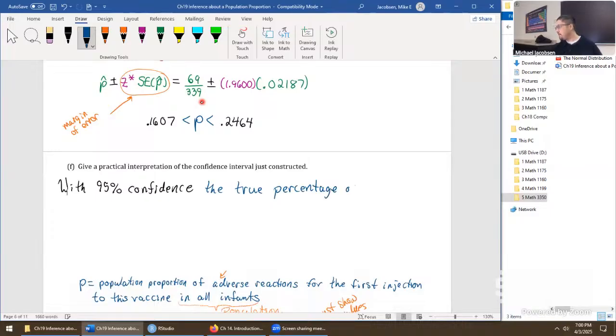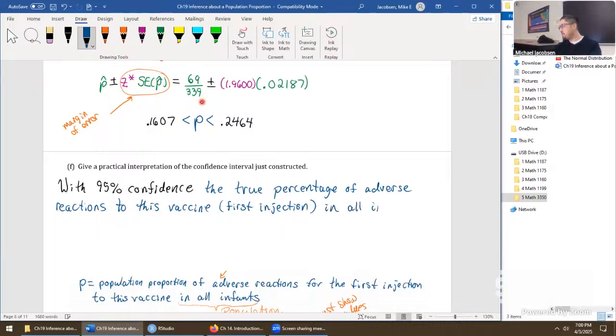The true percentage of adverse reactions to this vaccine. I forgot to say the first injection, so let's just put it in a parenthetical. First injection in all infants is between 16.07% and 24.64%.